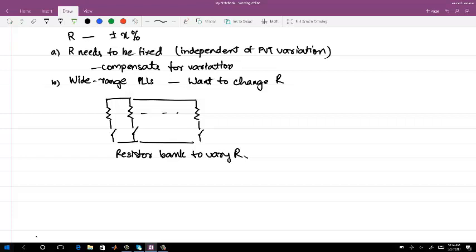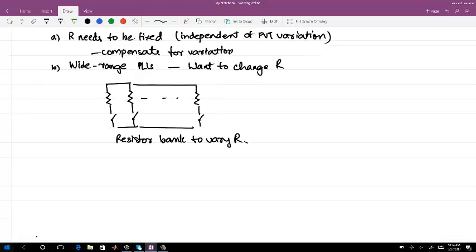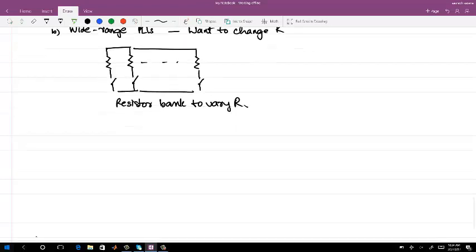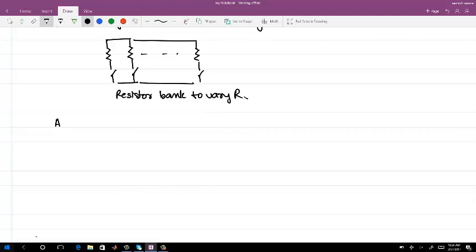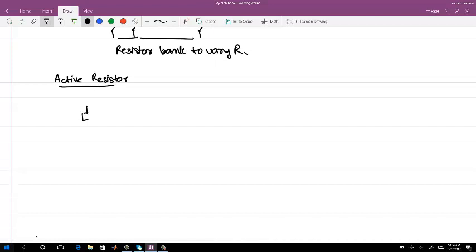So this is all about the passive resistance. Again, the control is still limited. Once you fabricate it, you have to live with it. So the next case is using an active resistor, which we are so fond of using all the time that we can't escape this.